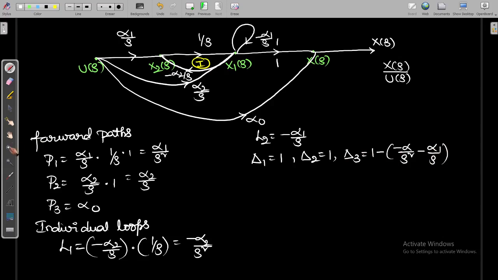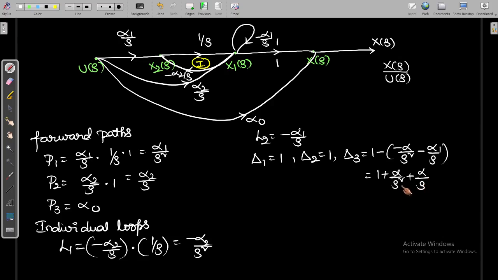It is not touching both loops, and these two loops are also not touching each other. So we can write the answer as 1 plus alpha 2 by s square plus alpha 1 by s.